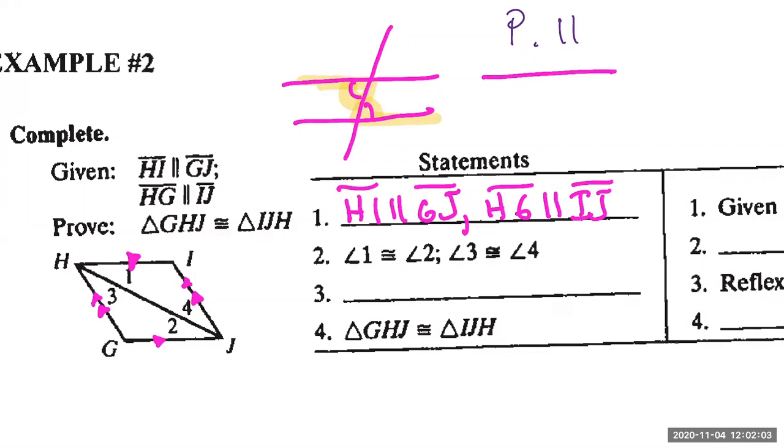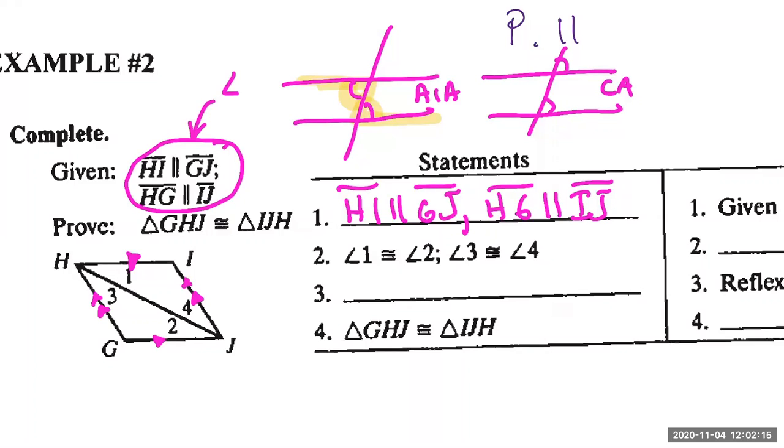So anytime they give you information on parallel lines, that's going to give you information on angles, not sides. It doesn't mean that the sides are congruent. It means that something about the angles are congruent.